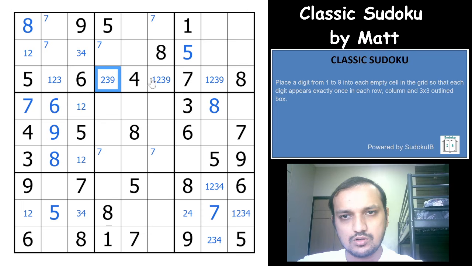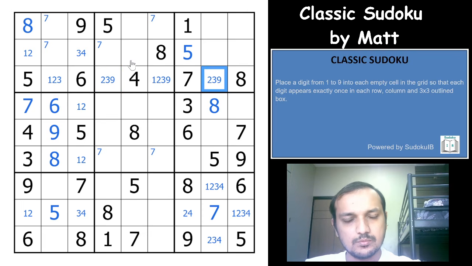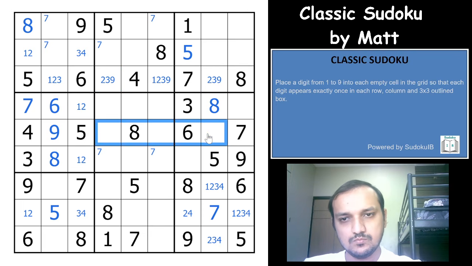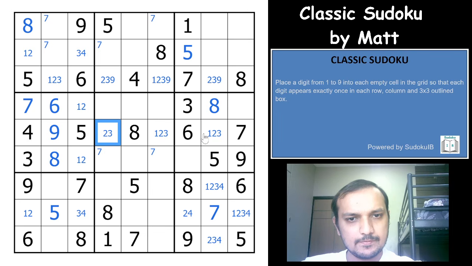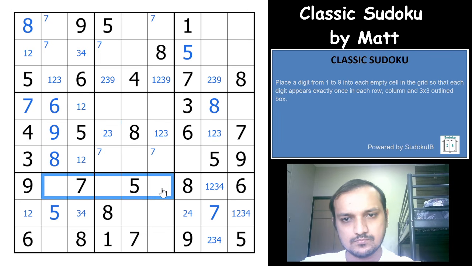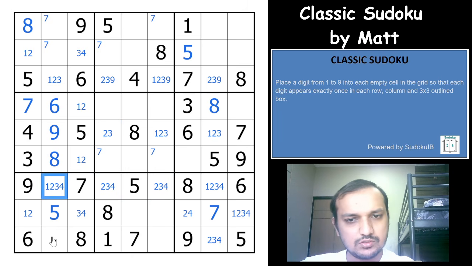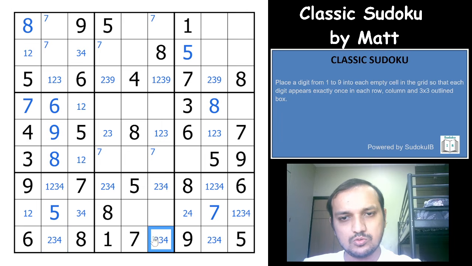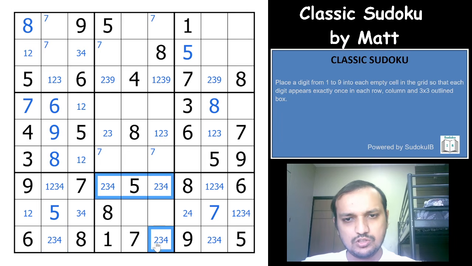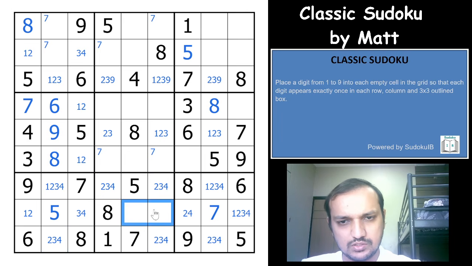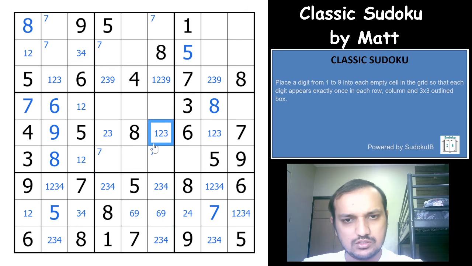This is not a 1 and not a 1 here. 1, 2, and 3. 1 cannot be in any of these cells. Yep, this is 2, 3, 4 and a 2, 3, 4. You get a 2, 3, 4 triplet here. That is also amazing. That gives you a 6, 9 pair in these two cells.